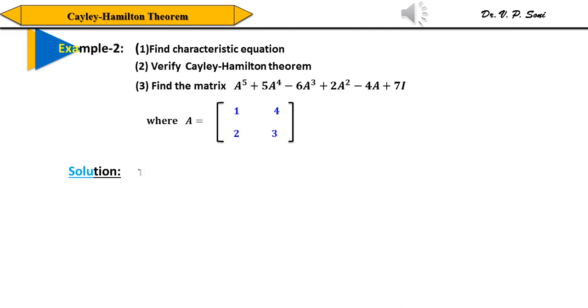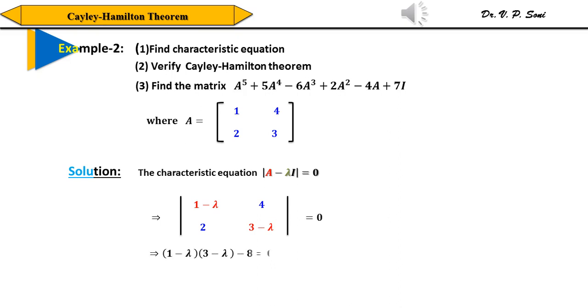The characteristic equation is determinant of A minus lambda I equal to 0. This implies determinant of first row 1 minus lambda, 4, second row 2, 3 minus lambda equals 0. This implies (1 minus lambda)(3 minus lambda) minus 8 equals 0.